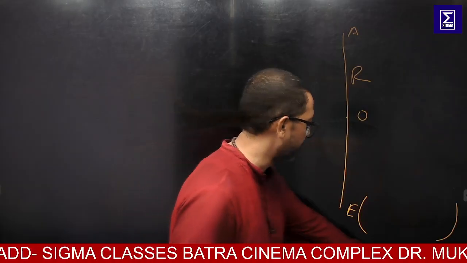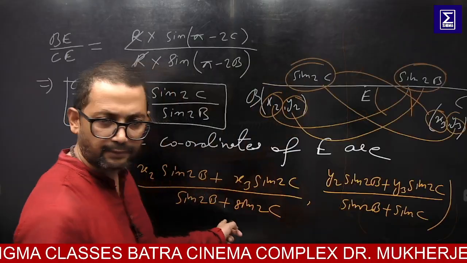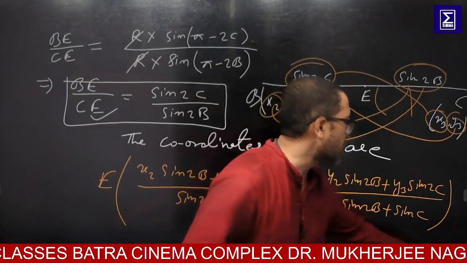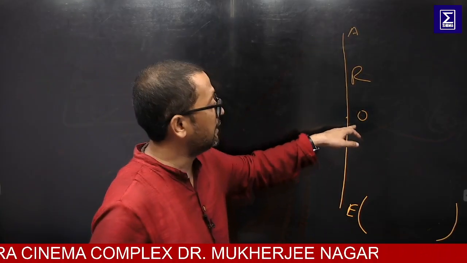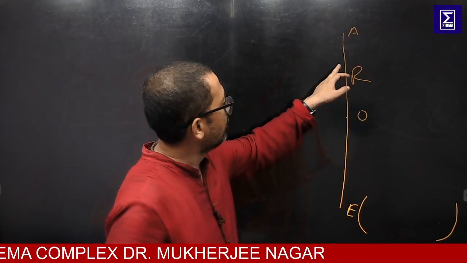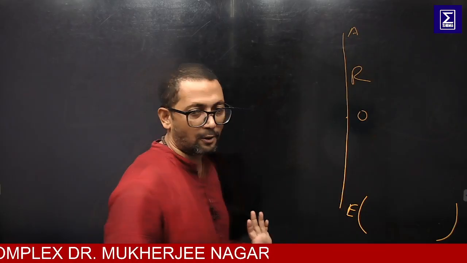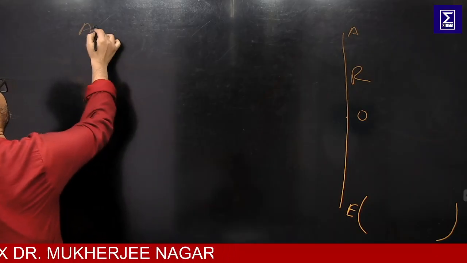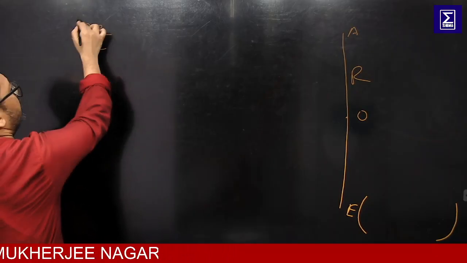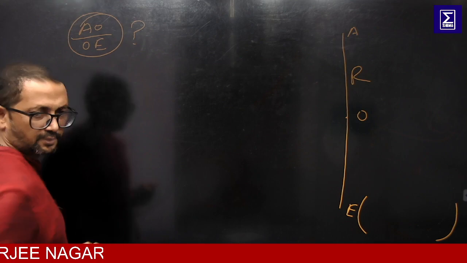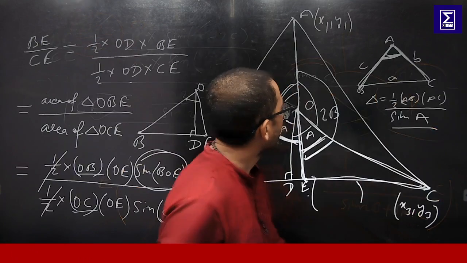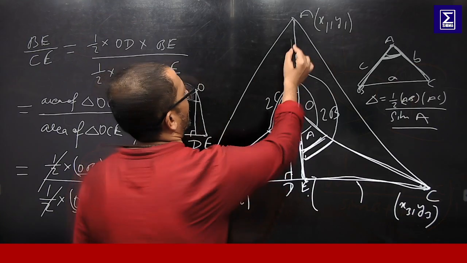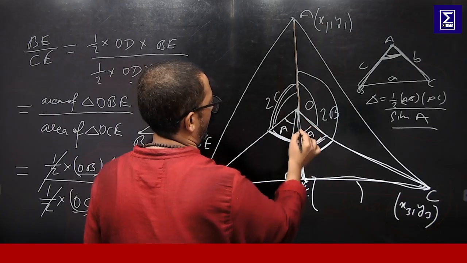So if we have the coordinate of E and we have to find the coordinates of O, we just need the relation AO upon OE. This relation we have to establish, that's it. So now going to the previous slide, see in the triangle, we have to find AO upon OE.